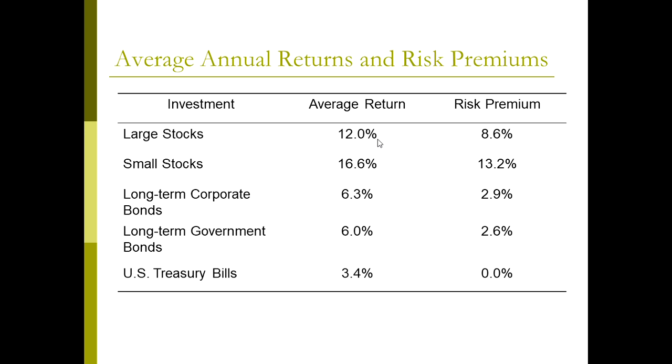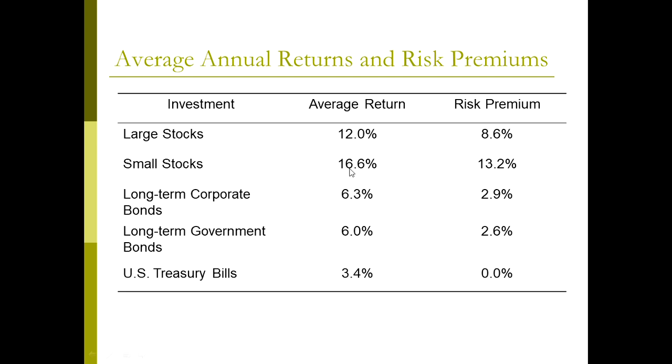By holding stocks, you are taking additional risk relative to Treasury bills, because Treasury bills don't have any risk at all. So the risk premium is the average return of large stocks minus the risk-free rate, which is the T-bill rate of 3.4%. The risk premium is 8.6%. So this is the additional return for holding large stocks versus US Treasury bills.